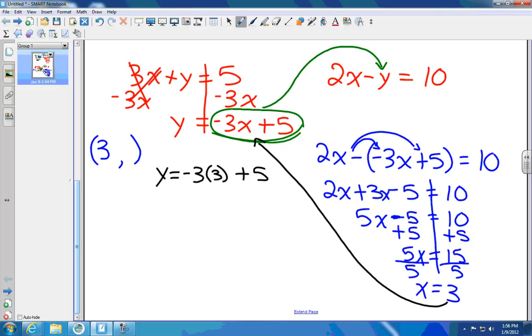Instead of x, we have a 3. -9 plus 5. -4. 3, -4. If you were to graph those, you would find 3, -4 is where they cross. Again, that is your answer to the problem.